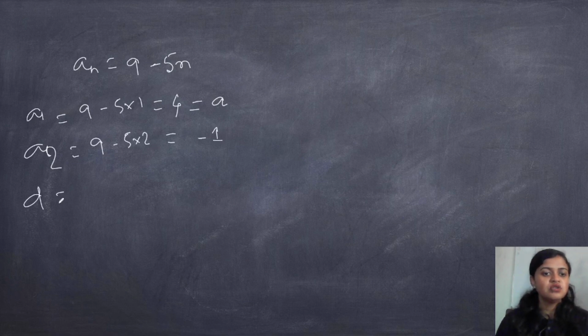And D we know is the second term A2 minus the first term. So A2 is minus 1, A1 is 4. So minus 5 is the value of D.